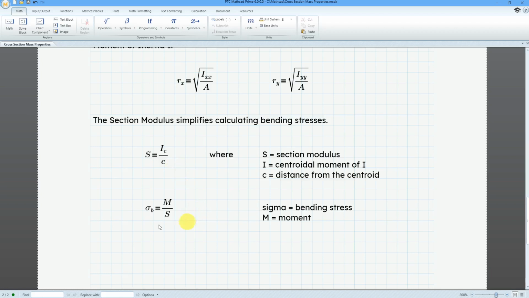And so the calculation for the bending stresses, sigma sub b, is equal to the moment divided by the section modulus. So that is a very quick overview of some of the different quantities for moment of inertia related to cross-sectional mass properties. Let's go back to Creo Parametric.